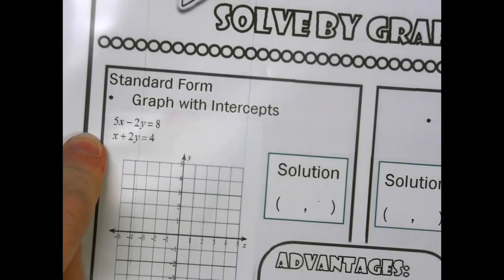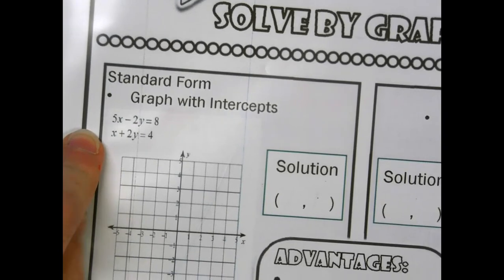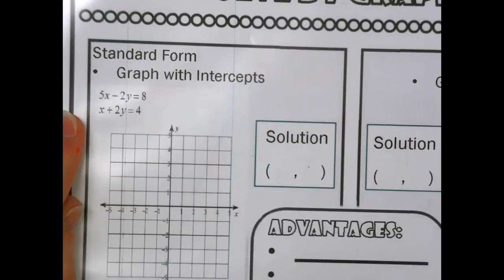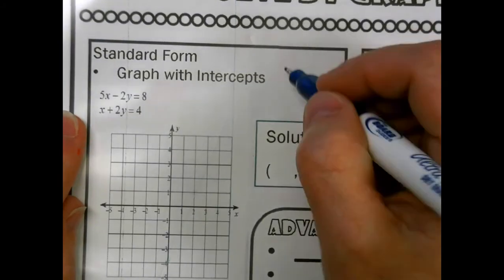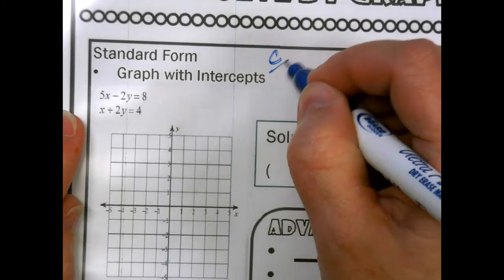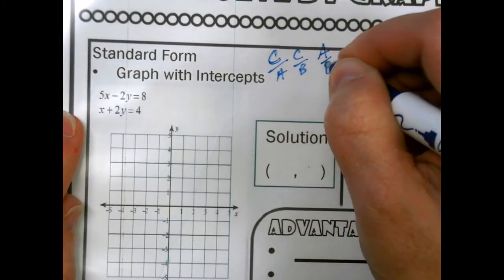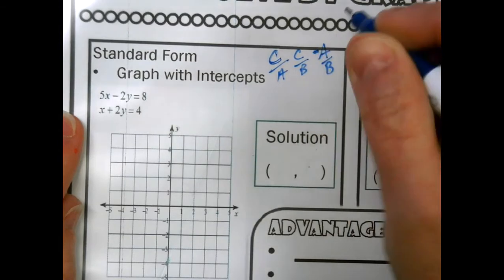We could use a method we've already learned that would make this easier, like elimination. But if you're set on graphing it, or you're told you have to graph it like this, then remember: can a chimp blow a bubble? The answer is no.